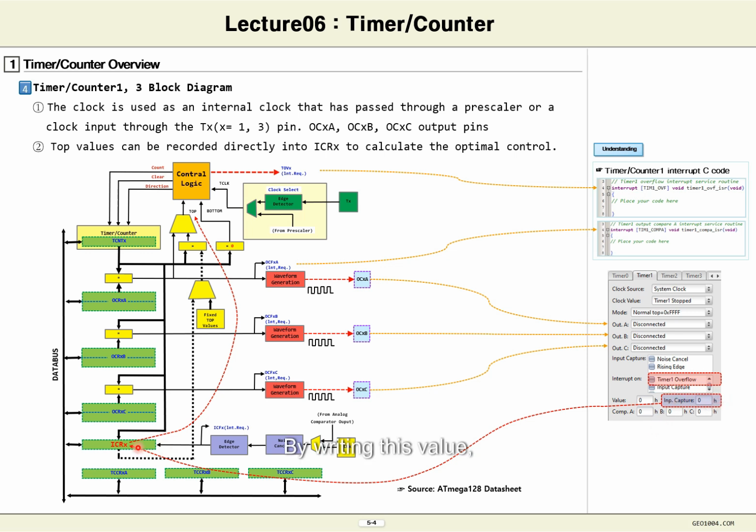By writing this value, you can have an effect right here. The control logic will be executed by influencing the ICR register. This concludes the block diagram explanation of timer counters 1 and 3.